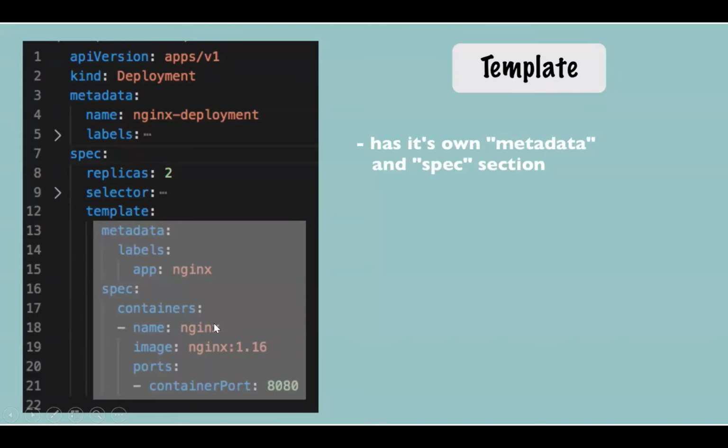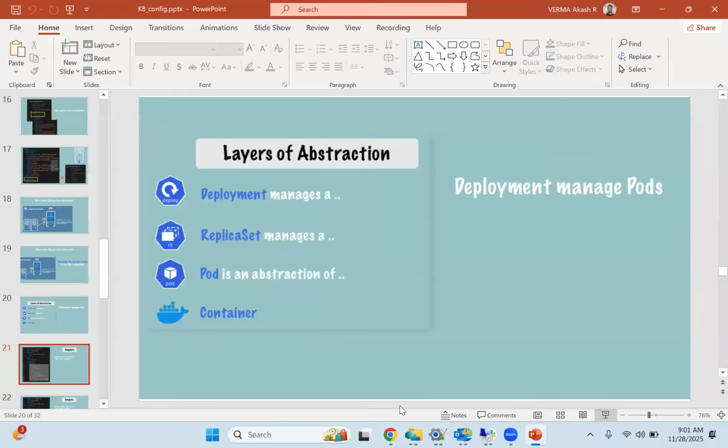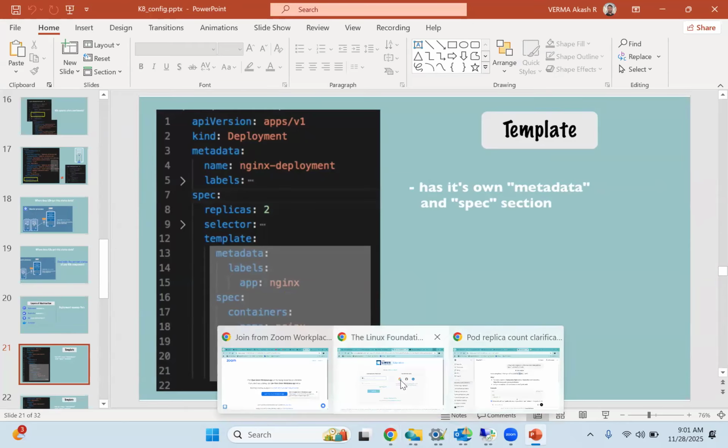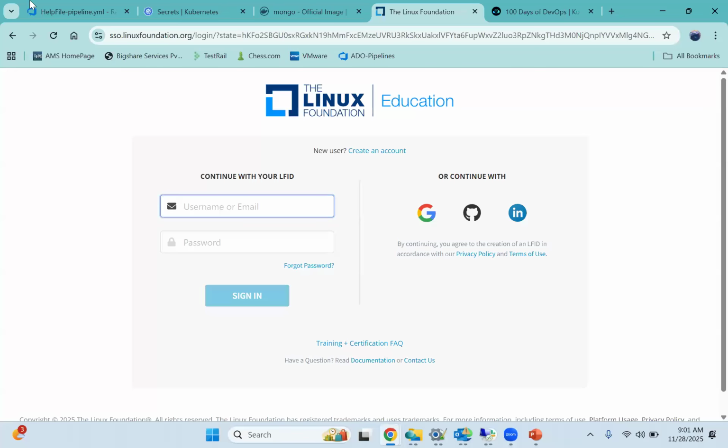So your container is actually on the pod. To match my container with my pod, I need to have this label the same as this app label. If it is nginx, it has to be nginx here as well. Got it? The first one, this metadata label in the container matches with the pod one. I'll show you side by side as well. Go here.